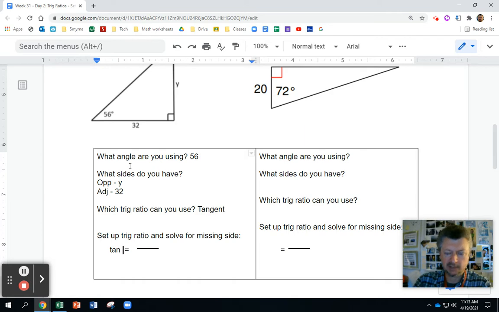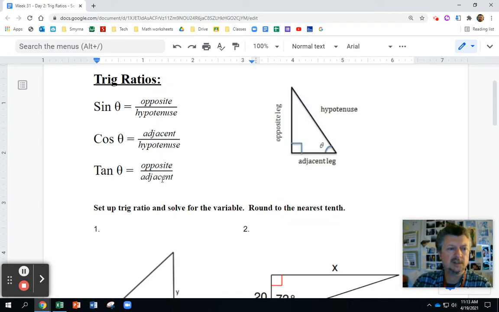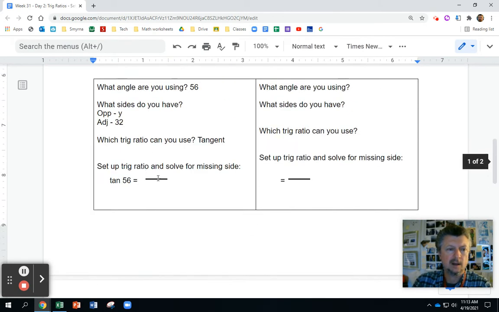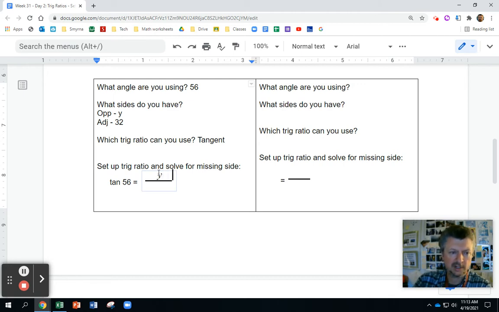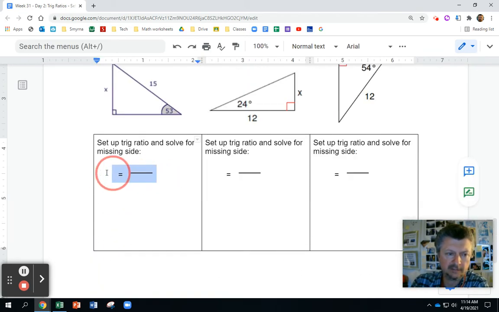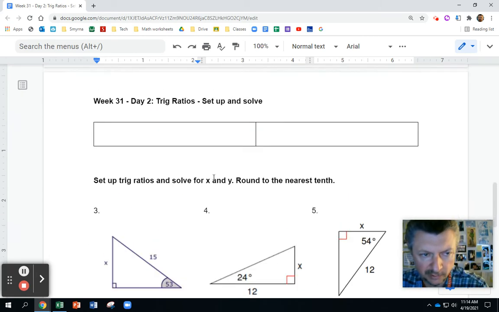We have 56 right here. And then what does it say? Opposite over adjacent for tangent. Opposite side is y. Adjacent side is 32. Oh, by the way, I put these little templates here so you can plug it into the fraction in case you don't know how to do it.